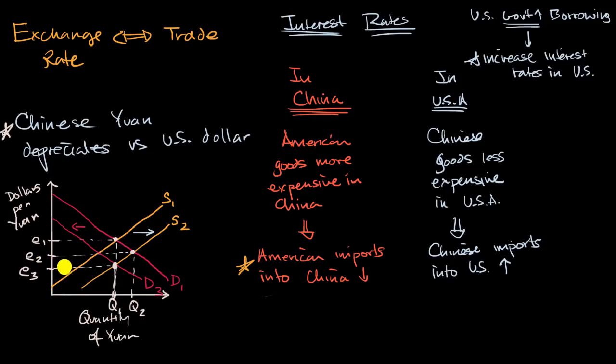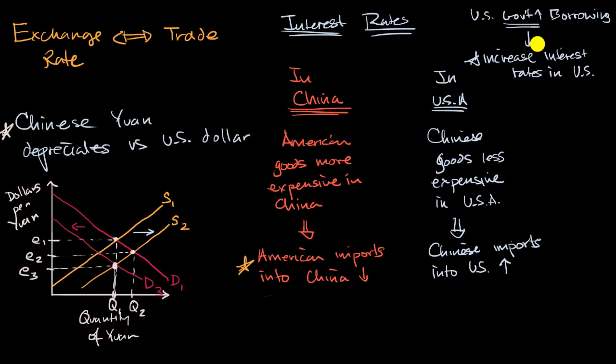And it's worth mentioning that this won't happen exactly like this all the time. Economies and currency exchange and all of these things are incredibly complex. But it's an interesting framework to think about because it lets you connect the dots between something like the U.S. government running a deficit and trade. So this is a situation where we could theoretically tie some causality with the U.S. government having increased borrowing.